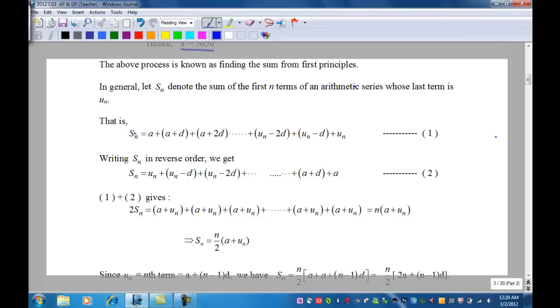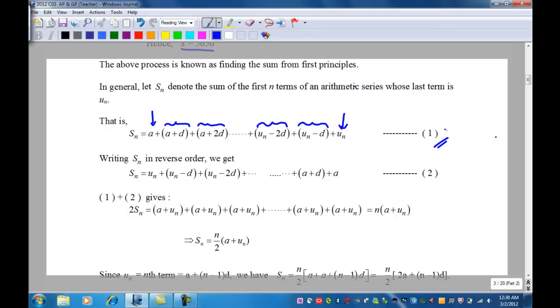We let our first term be a, therefore the second term will be a plus d, the third term a plus 2d, and we let our last term that we are trying to add be the nth term, u subscript n, which means the second last term of the AP will have to be un minus the common difference, so un minus d. The third last term will be un minus 2d. Adding this up will give us equation 1.